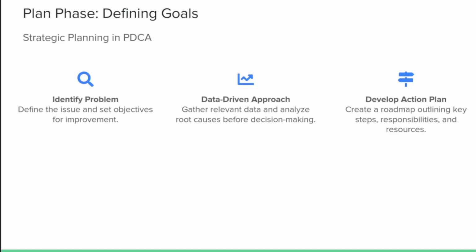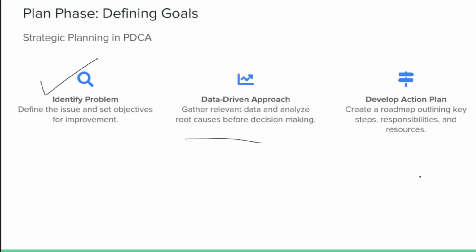To begin with, the company must identify the problem they aim to solve, ensuring that the objective is clear and measurable. Using a data-driven approach, they gather the relevant information to understand the root causes and make informed decisions.